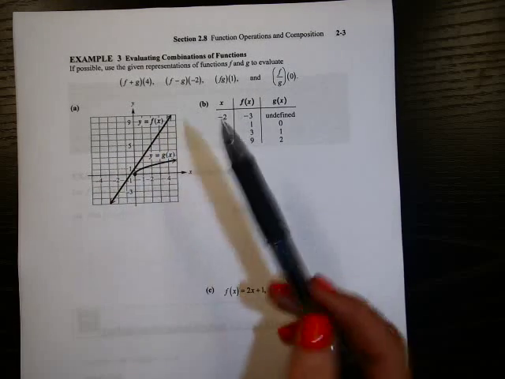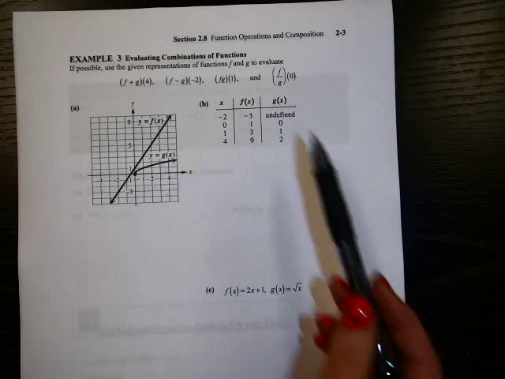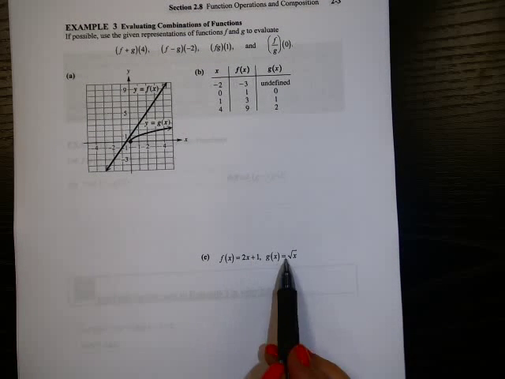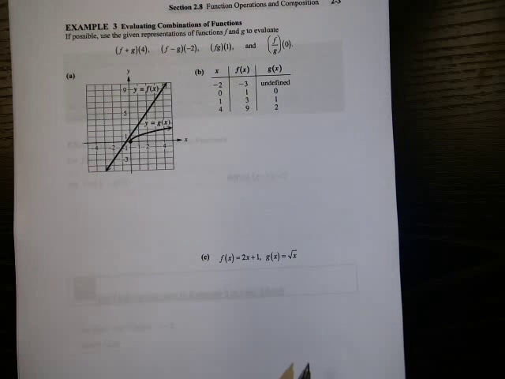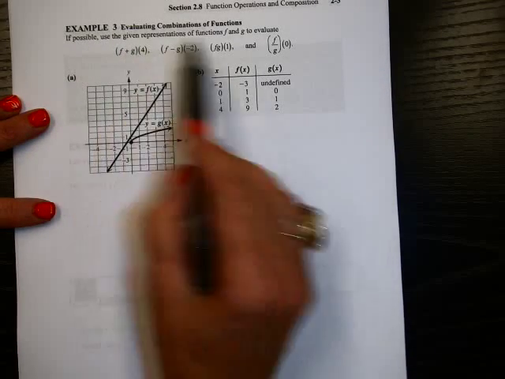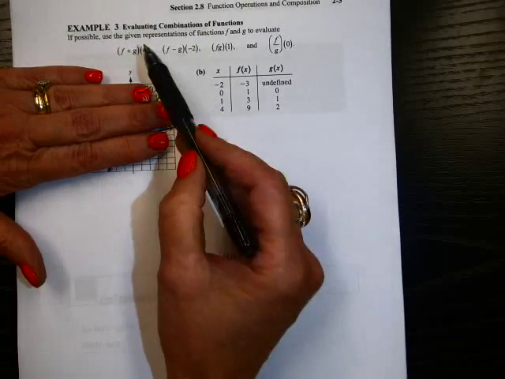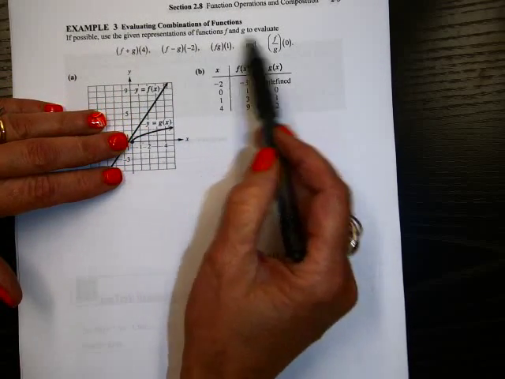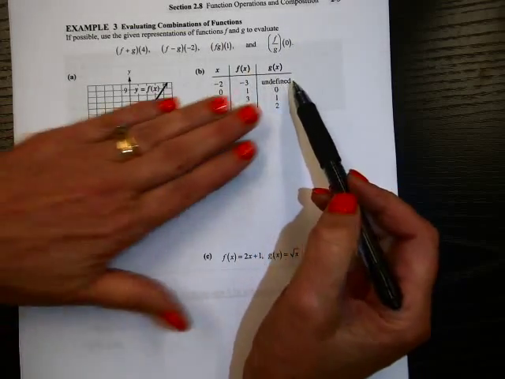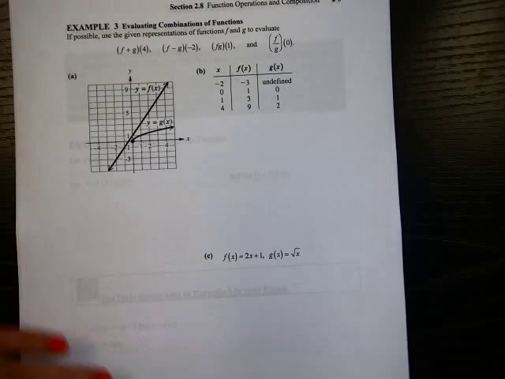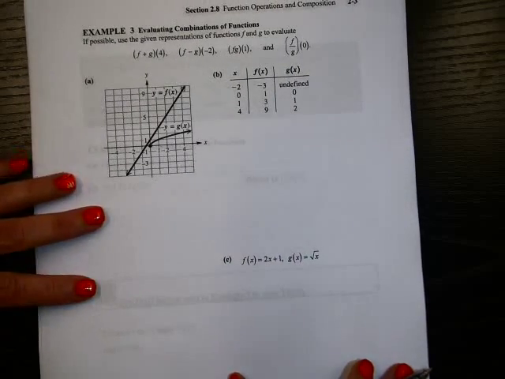Here's f of x, there's g of x, a table with f of x and g of x, and then of course here are the equations. In this one they want you to approach it by taking A and applying all of these to A, to each one of these operations, and then they want you to go to B and apply each of these operations, and then to C. So let's do that.